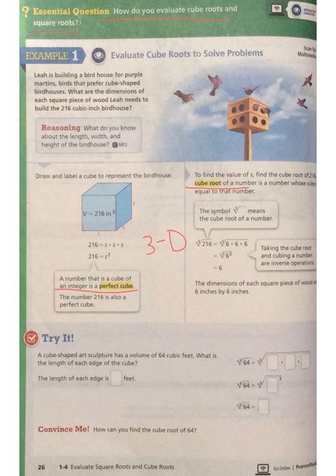And so you can see here that they found the cube root of 216. So it's asking what would be the value, and the value here would be 6. Because if you take your calculator and do 6 times 6 times 6, you will get 216. Okay? So whenever we're thinking volume and we're looking at cubic feet, we're thinking of our 3D shape.